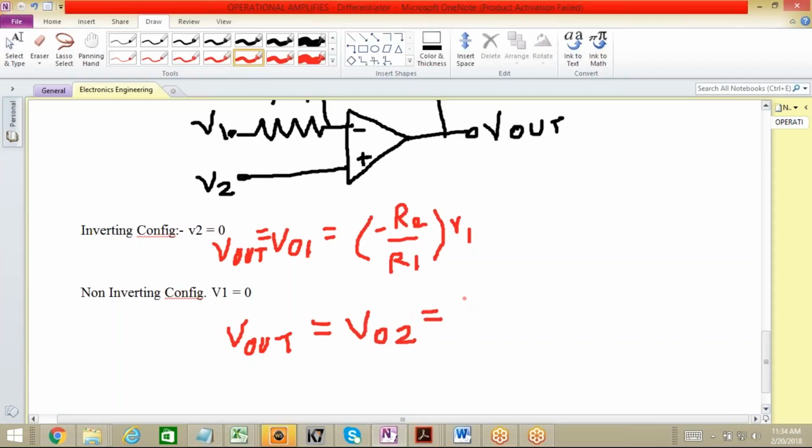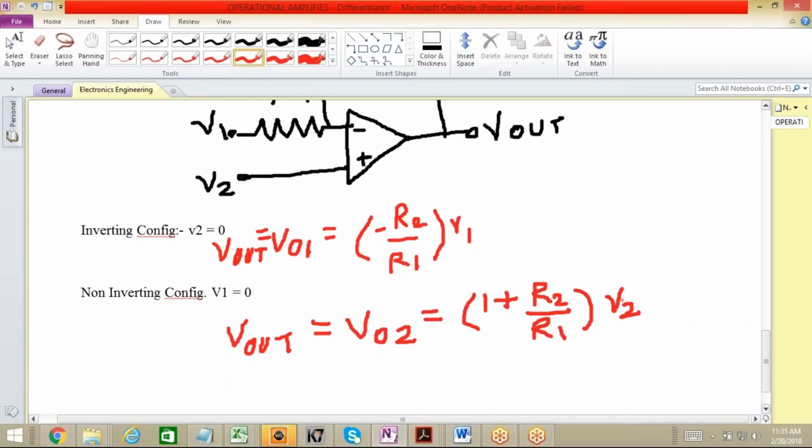And then in this case, the gain will be 1 plus R2 upon R1, then we have V2, right? So for the inverting configuration, the output is minus R2 upon R1 into V1, and for the non-inverting configuration, the output will be 1 plus R2 upon R1 into V2, right?